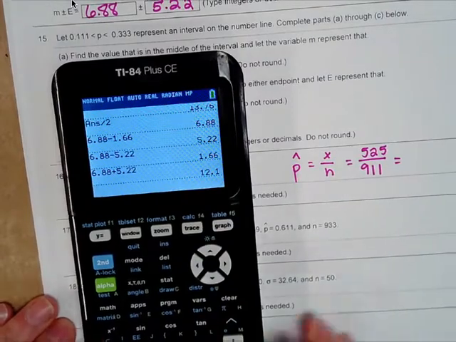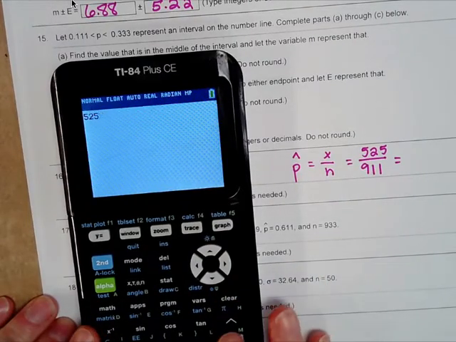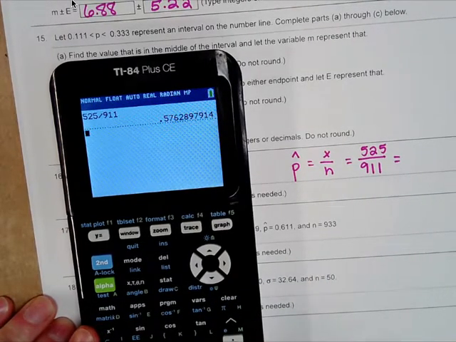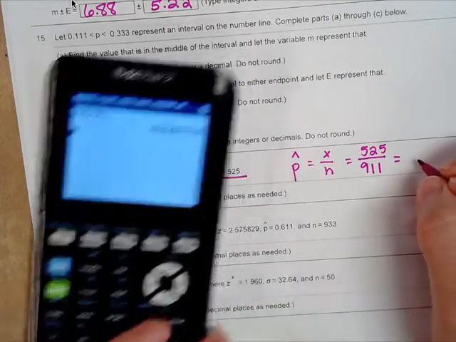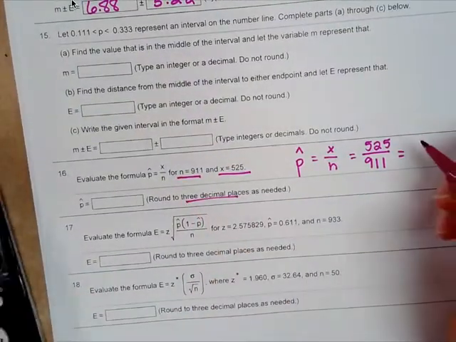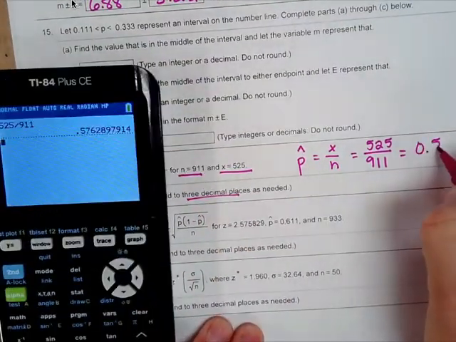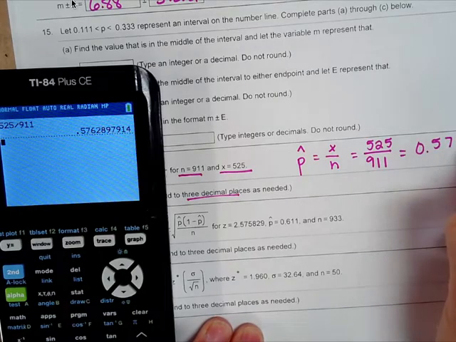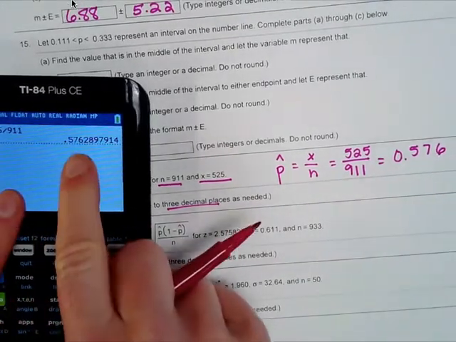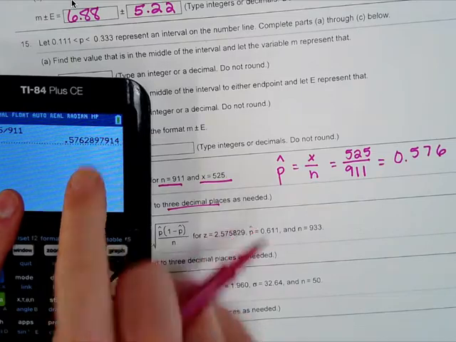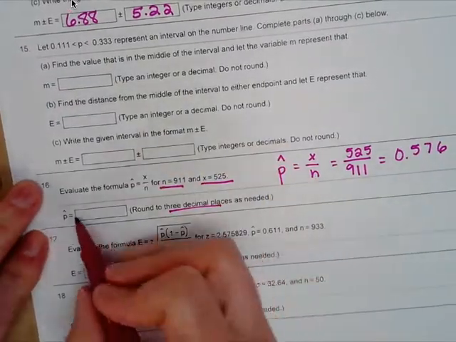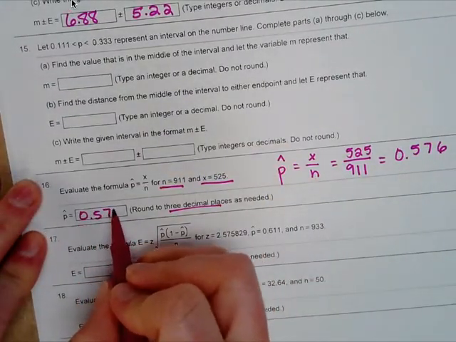So we are just using the formula to divide x by n. We're going to round. This one says 3 decimal places. 0.576. It stays 6 because the number behind it is a 2, so it stays. 0.576.